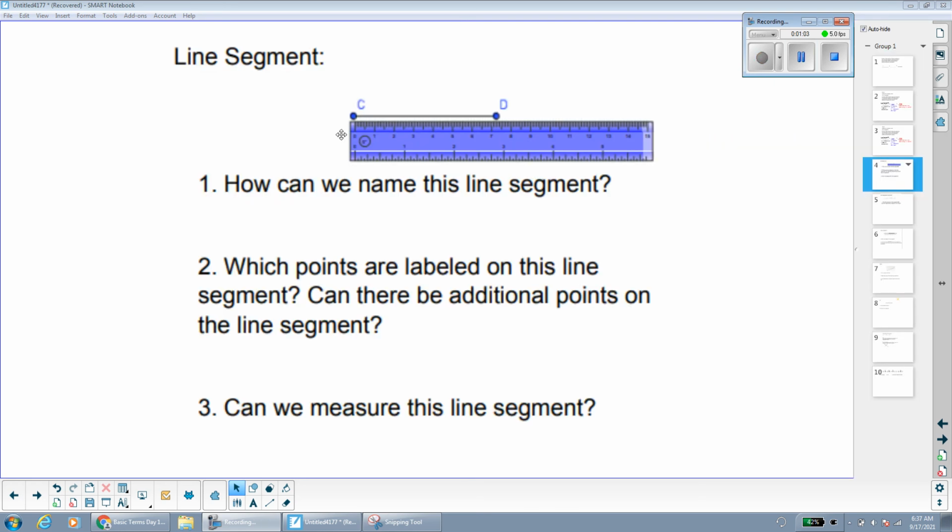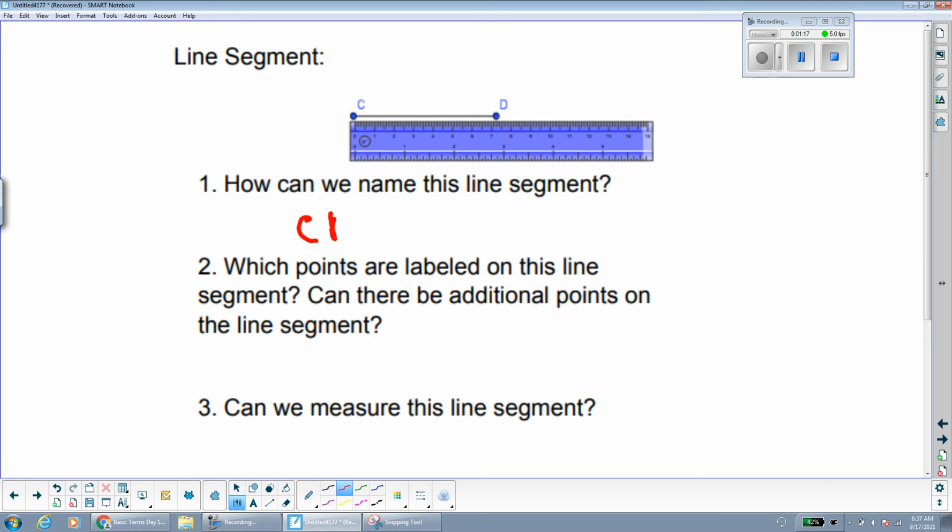Here you'll notice that there is a line segment on top of the ruler. Take a second and try to name this line segment. If you said either line segment CD or line segment DC, you were absolutely correct.